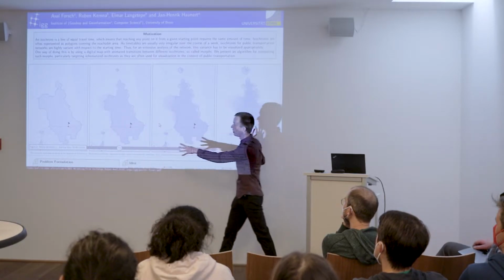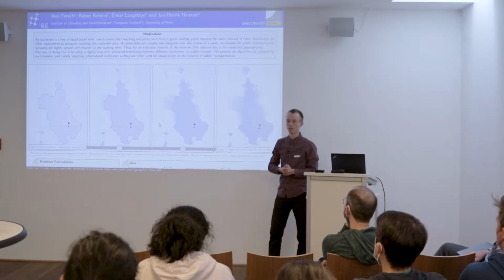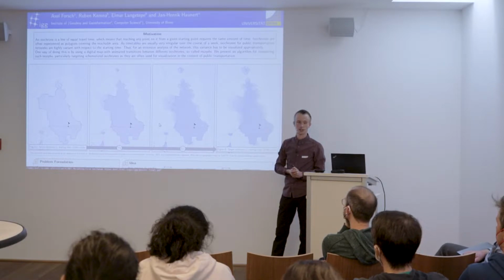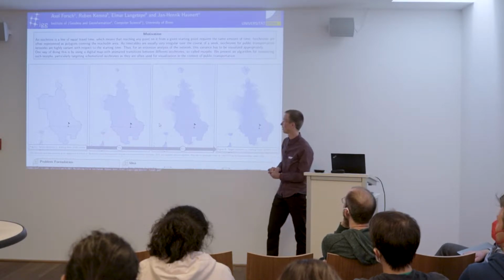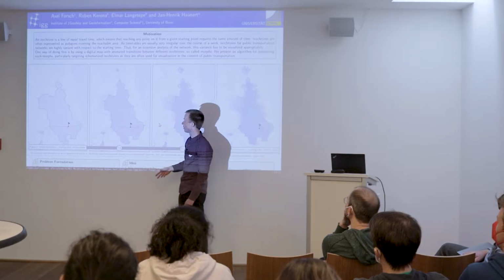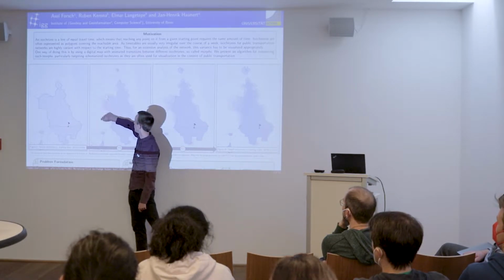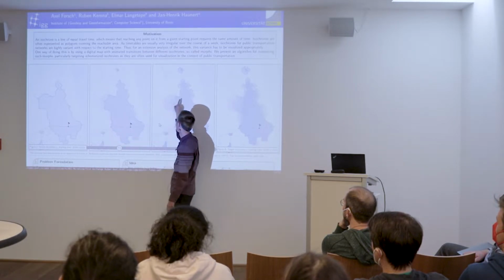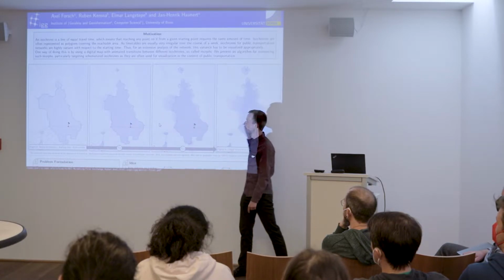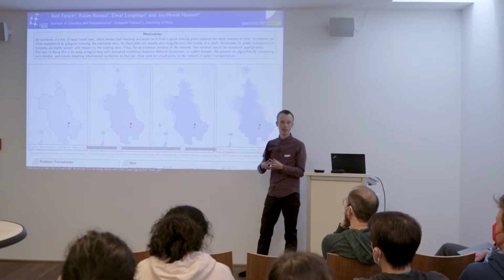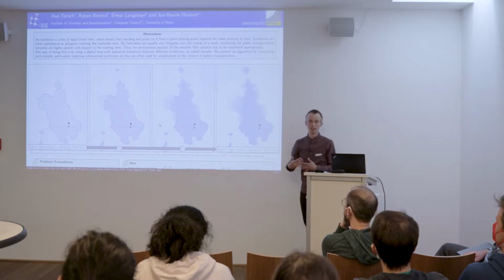And if you only have these two visualizations, it might not be this obvious where the changes occur. And what we did is we developed an algorithm that can create a morphing function. So these are intermediate polygons which are between those two, and you can actually animate them so that you can see the differences.